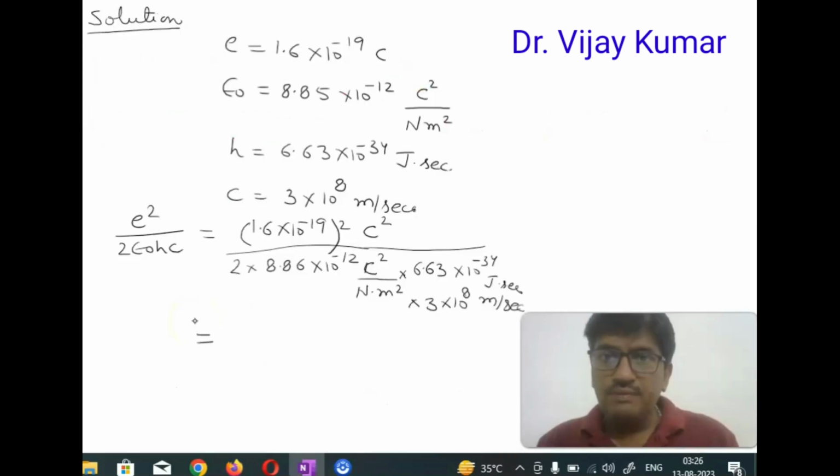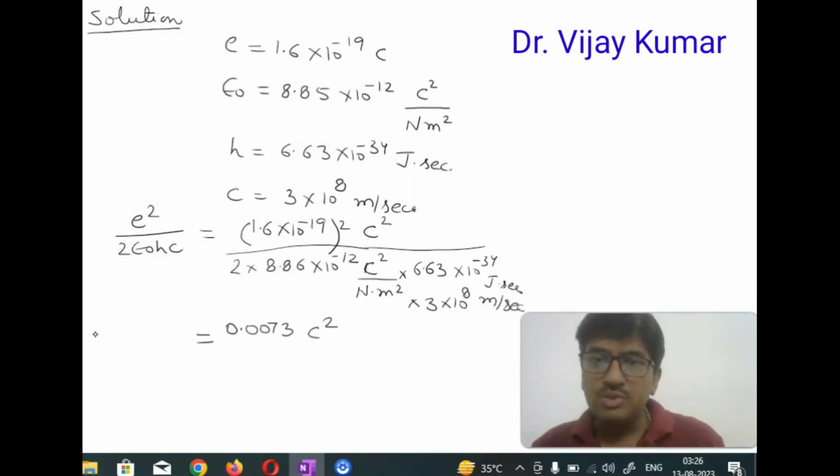Now, if we solve the numerical value, as we know that a calculator is allowed in the examination, we can calculate it, and it should be 0.0073. This is the numerical value, and the unit is coulomb square upon Newton meter square, joule second, meter per second.